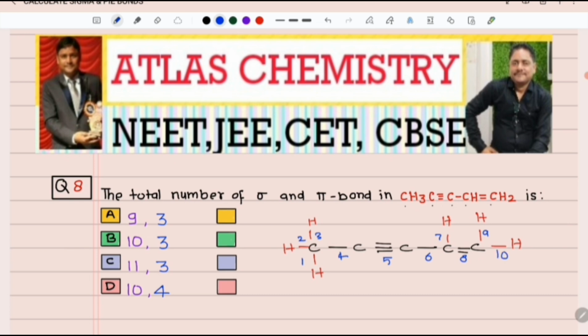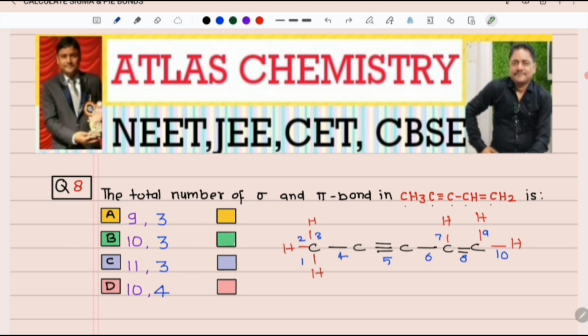So there are 10 sigma bonds. In option B there are 10 sigma bonds, and in option D there are 10 sigma bonds. So our answer will be either B or D.